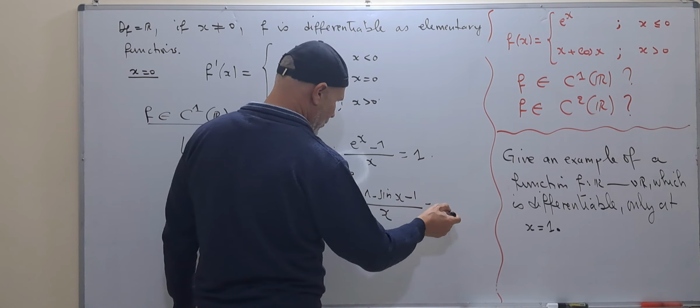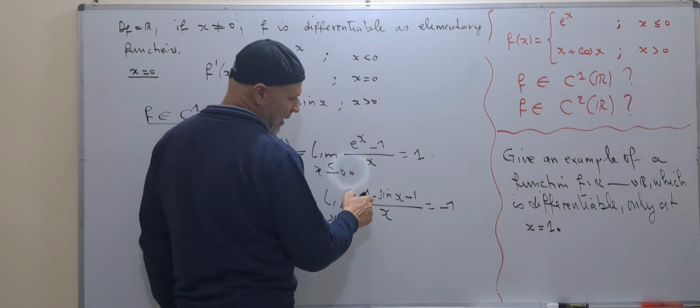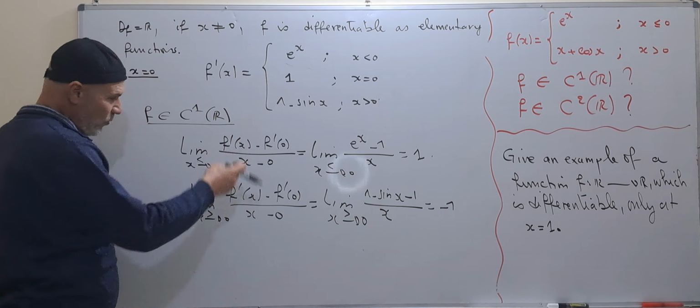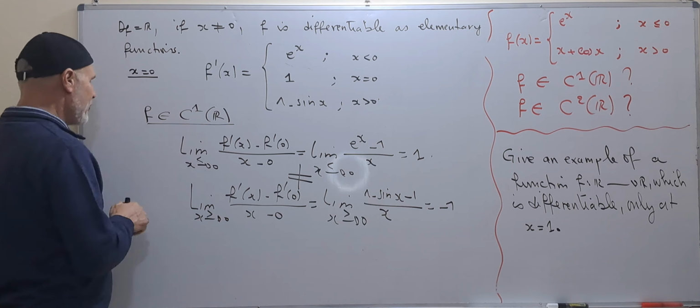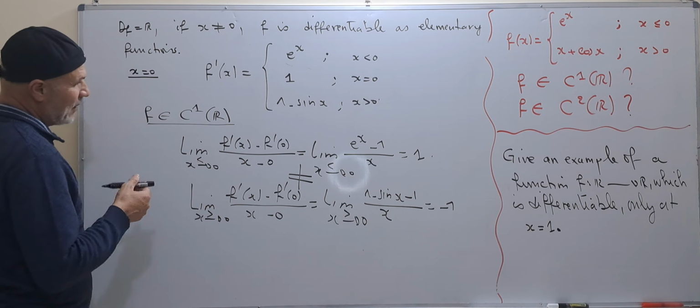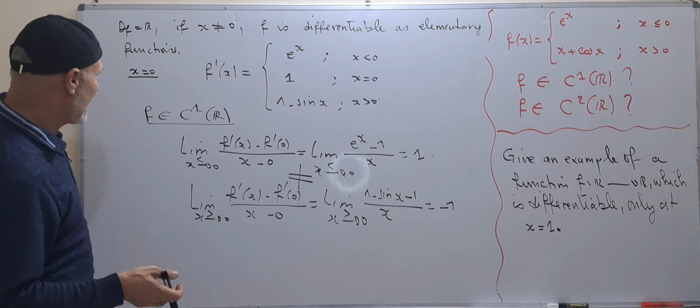We cancel 1 with minus 1, and we get minus sine x over x, which is equal to minus 1. Since the two limits are different, f prime doesn't admit a derivative at x equal to 0.